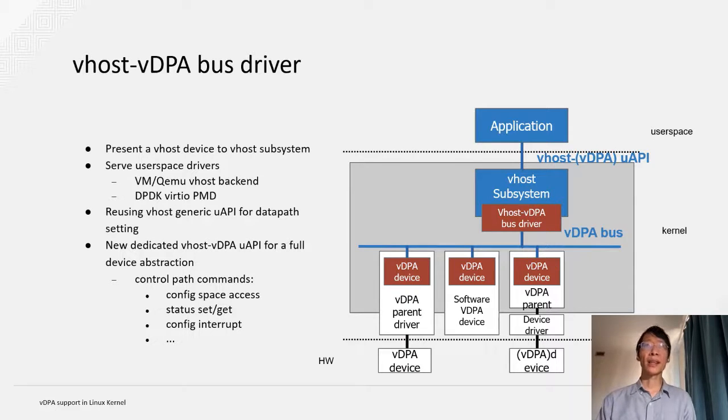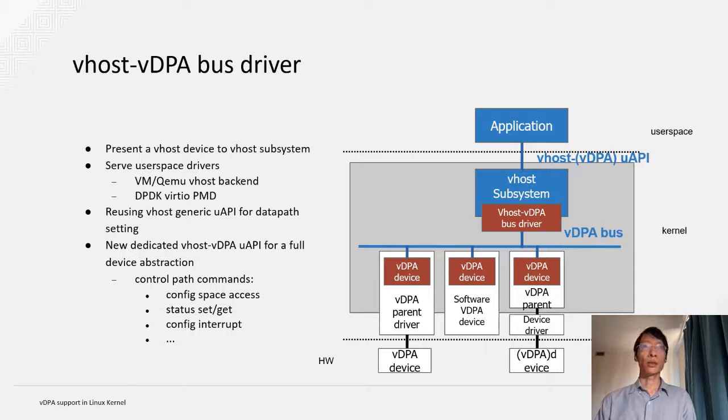So the idea is to reuse as much of the generic vhost uAPI as possible for the data path setting. But it also requires some dedicated uAPI extensions for full device abstraction, which is missing in the generic vhost uAPI.